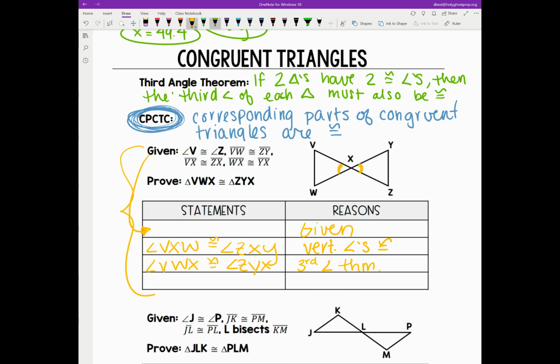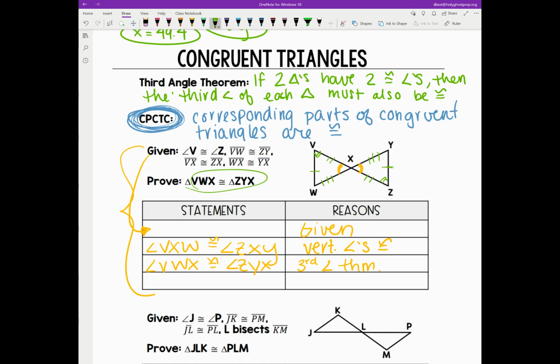Okay. And if I want to mark everything, it would have been good if I started with marking my congruent stuff from the given statement, because that's also going to be important in the order of things. So VX and ZX. Okay. So I've got two angles, I've got all three sides.